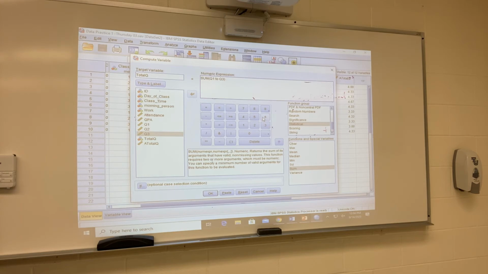Then look back at your data. You have total Q. Does your data have total Q? Did you see total Q? There are two.